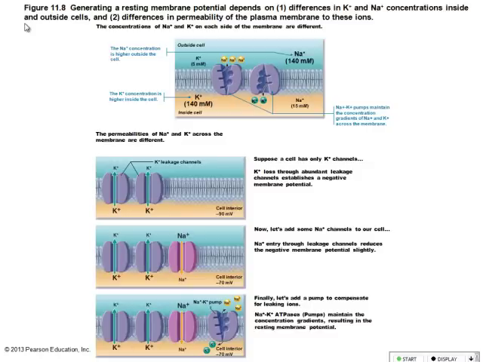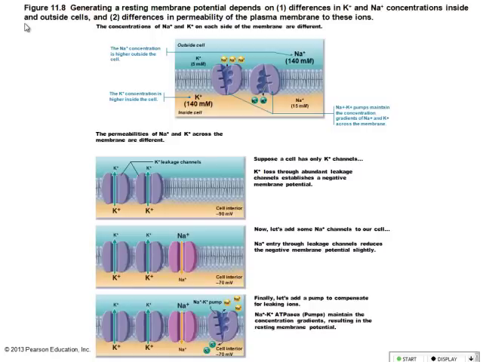If you look at page 398 in your textbook, you see this diagram, and you see the important ion channels responsible for maintaining resting membrane potential. We see our sodium-potassium pump. We see the concentrations of sodium and potassium inside and outside cells.